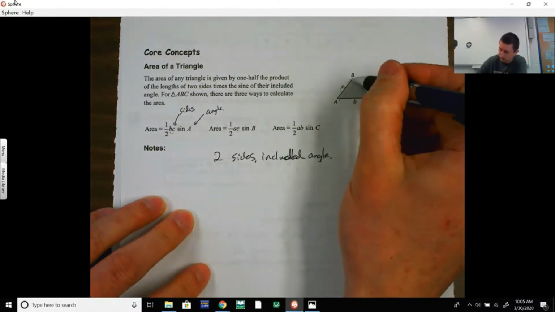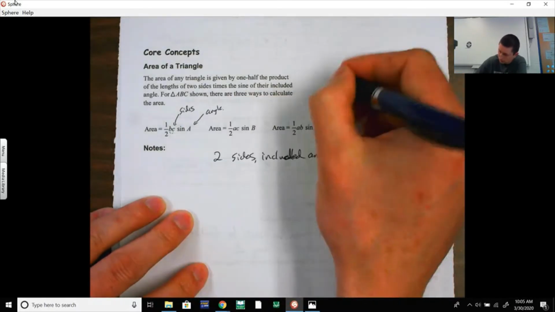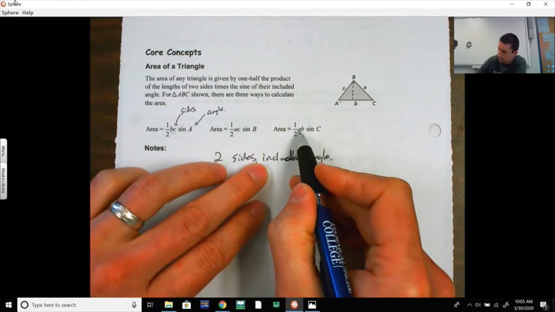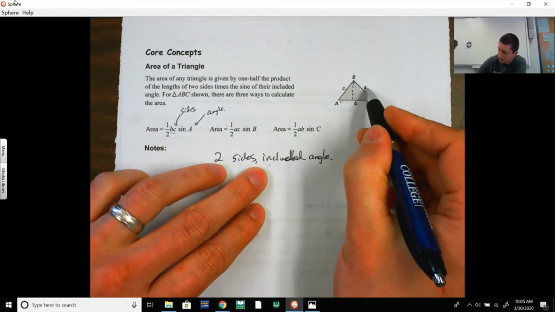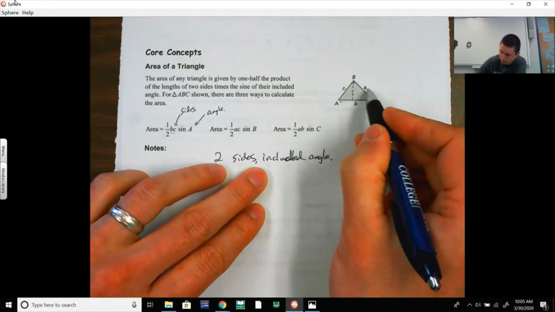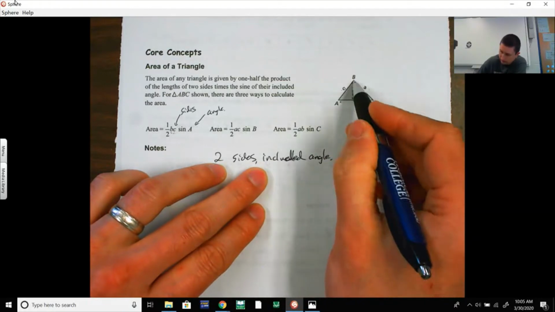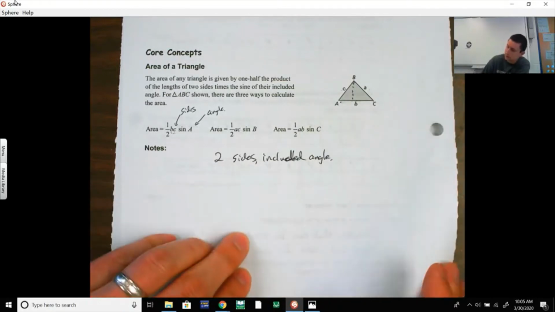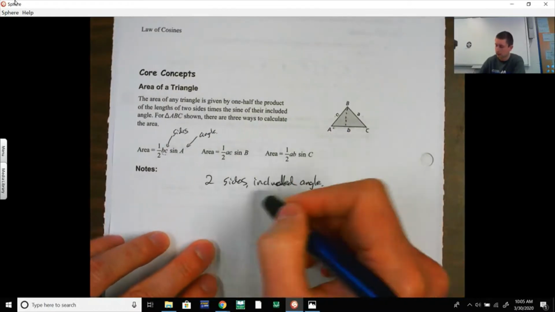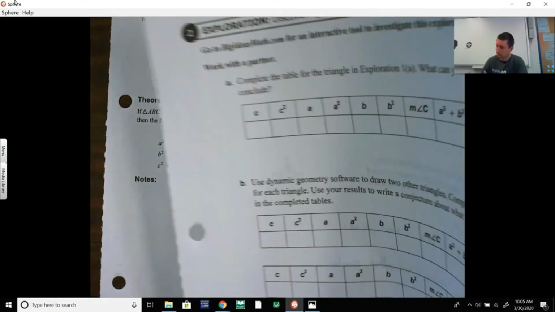Part of this formula is finding the height. So here, if you take b as your base, a times the sine of C gives you the height of that triangle, that's opposite over hypotenuse. So you find the height, then 1/2 of the height times the base. If you got that, that's good. If not, just know where to get the formula. You need two sides and the included angle to use that formula.